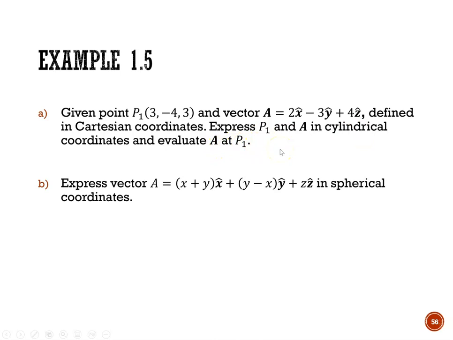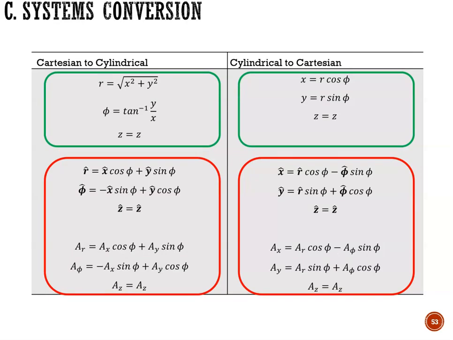Which table do you have to refer to? It is the Cartesian to cylindrical coordinate table, which is this one. You have to change from Cartesian to cylindrical for the coordinates in the green box here, and then the magnitude in the red box.